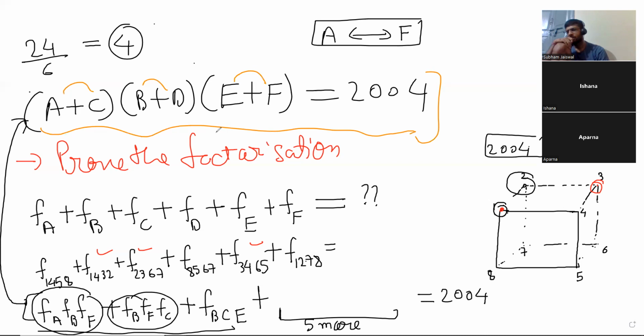Yeah, that I understand. The part inside the bracket was the same, so I wrote it as A plus C into that. Okay. I have not completely understood, but yeah, you are saying it in the algebraic way.